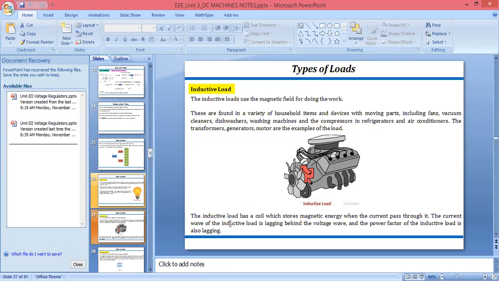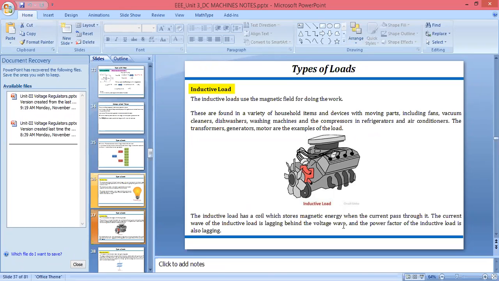And the current wave of the inductive load: in a resistive load, current and voltage are in phase, but when we are using the inductive load, the current wave is lagging behind the voltage.